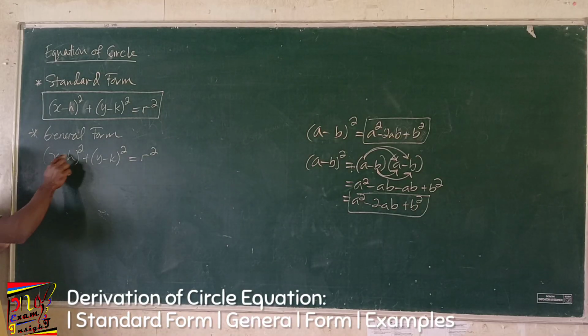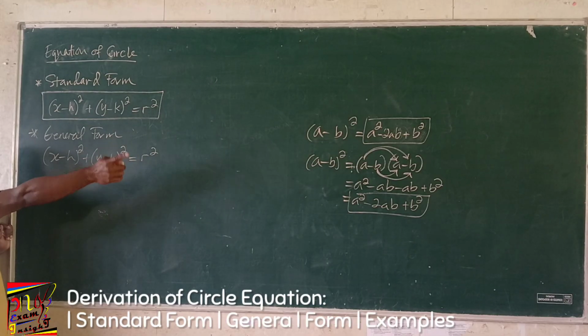Now it's a difference of two squares, like the one where we take a squared and b squared.